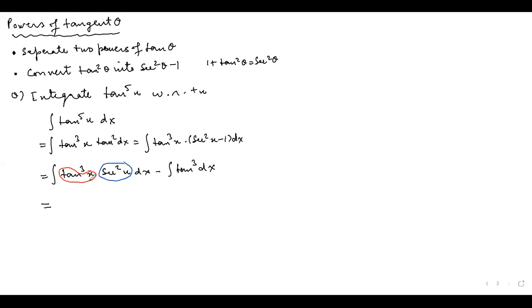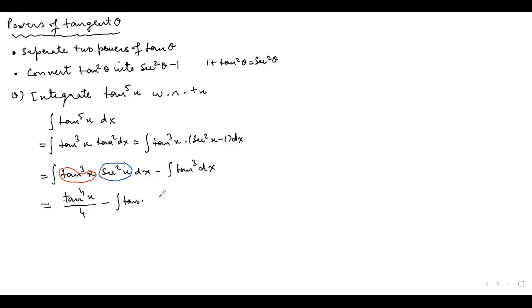But in this case, a complete derivative is with the function, so we will simply add 1 in the power and divide with the new power. Now you can see that there is tan cube x.